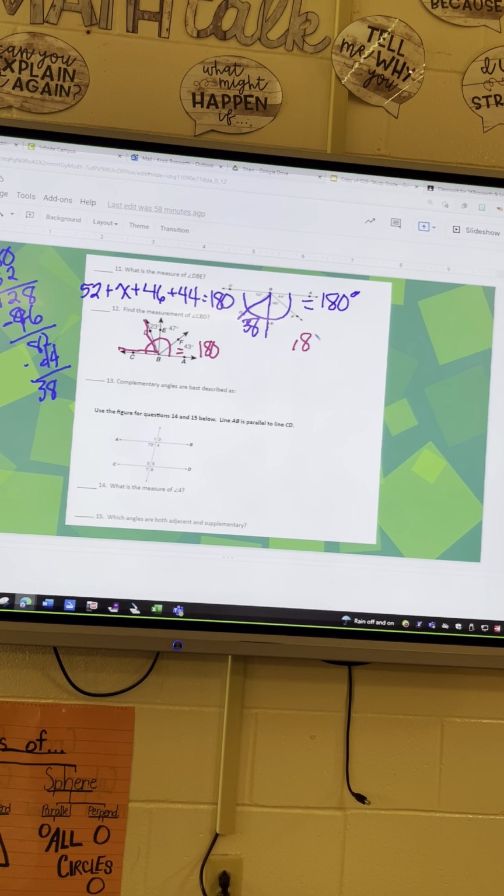So I'm going to take my 180, subtract 23, 157. Then I'm going to subtract 47, 110. And then subtract 43, and I get 67. So this angle is 67.